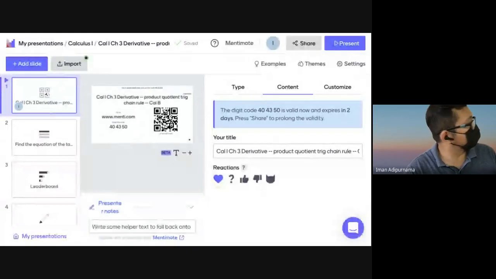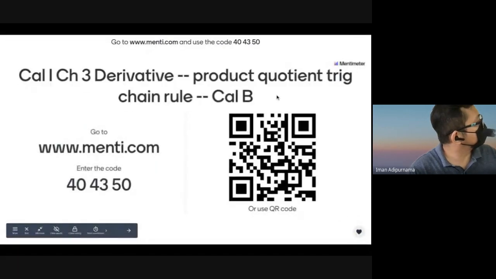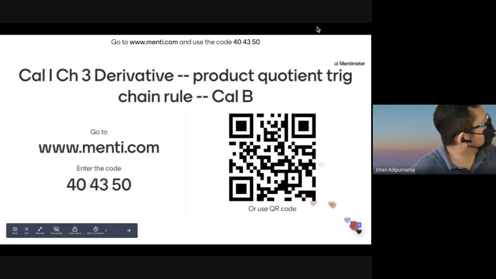Also, scan the QR code. Wait for a moment. Okay, let's present.